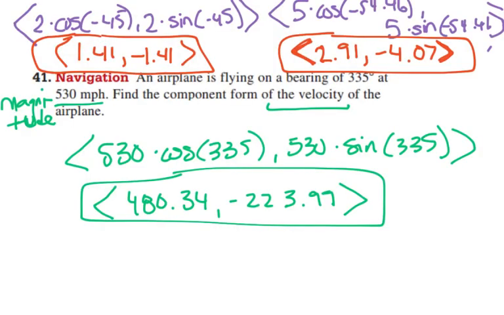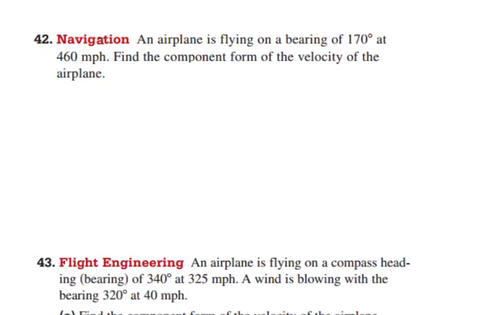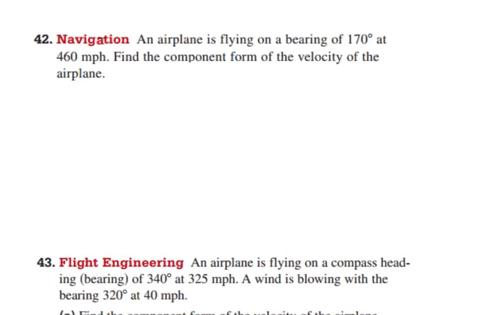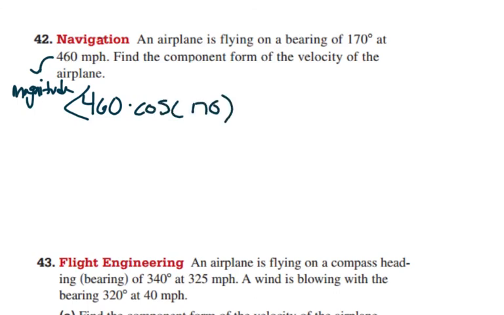Oops, did I go to the end of that page? Yes. Alright, and then our last page here, we've got two more problems. So, an airplane is flying at a bearing of 170 degrees, and we need to find the component form again. Woohoo! So, 460 is the magnitude of the vector, and multiply by cosine of 170, and then 460 times sine of 170.